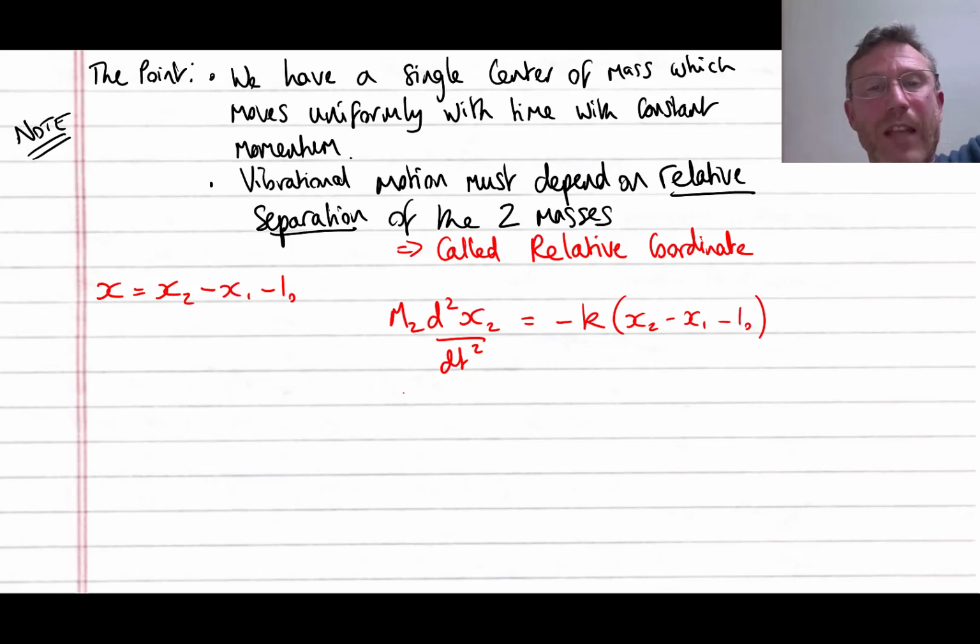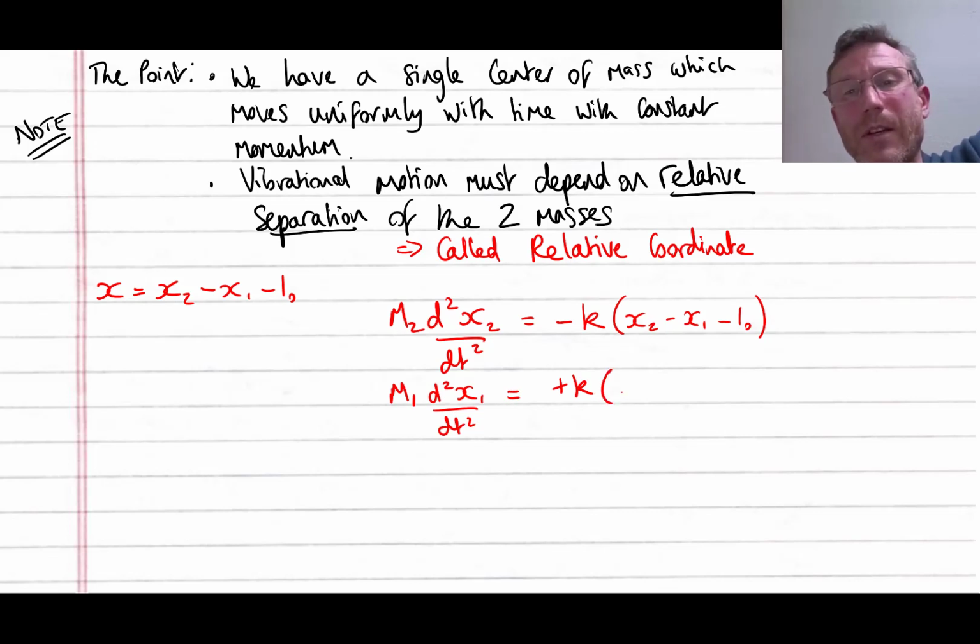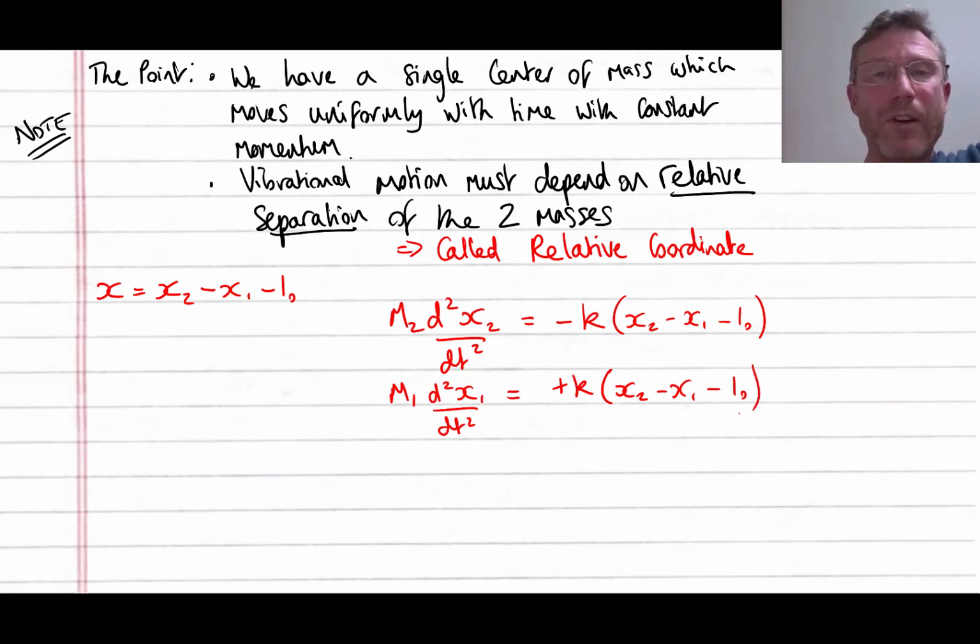Now, of course, we can do the same thing for m1 d squared x1 by dt squared equals plus k. So this will seem familiar to you. x2 minus x1 minus L0. What we're going to do here, actually, I can do this very simply. I'm going to take the m2 from this side and the m1 from the left hand side and put it back on the right hand side.